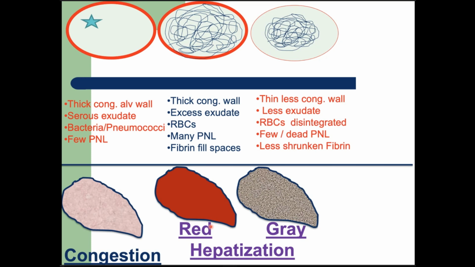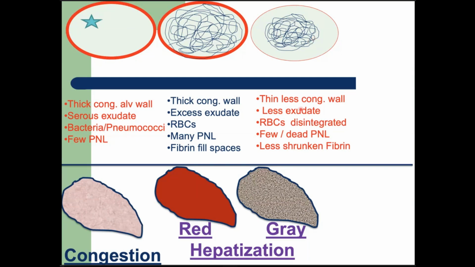In the gray hepatization, now it's becoming normal. Now the wall becomes thin. The congestion of the alveolar wall is decreasing. There's less exudate. RBCs disintegrate and disappear. But you may find a few dead polymorphonuclear leukocytes, the neutrophils, and the fibrin is also decreasing in size.